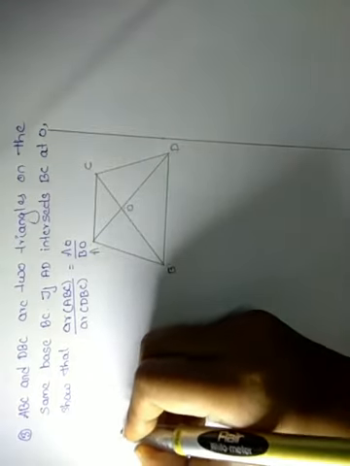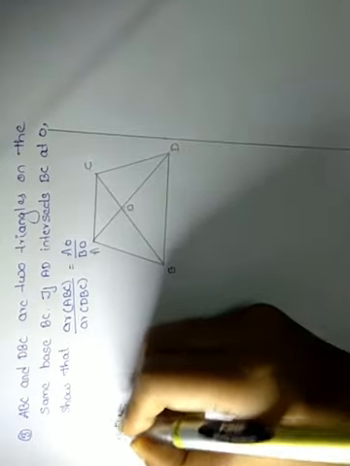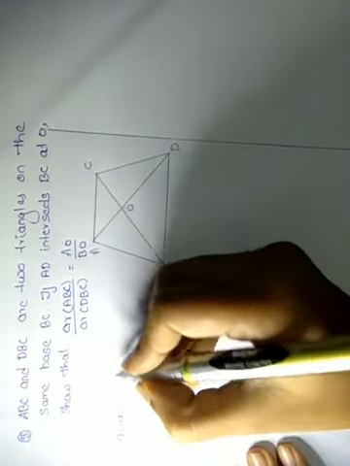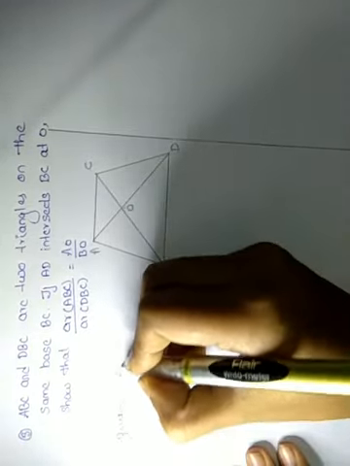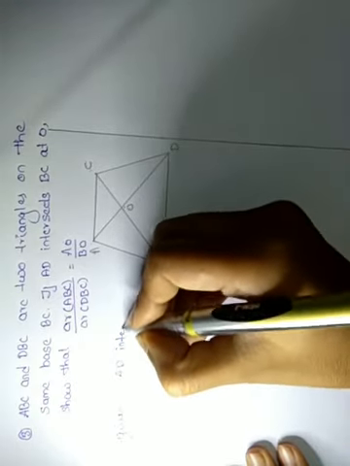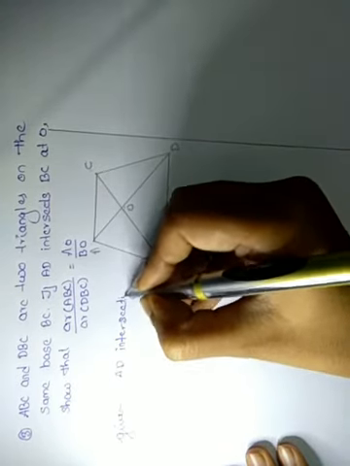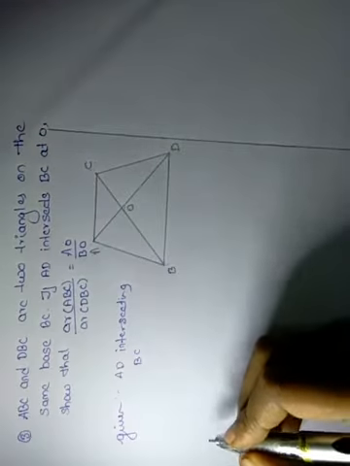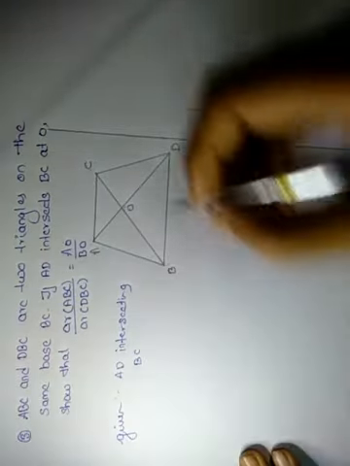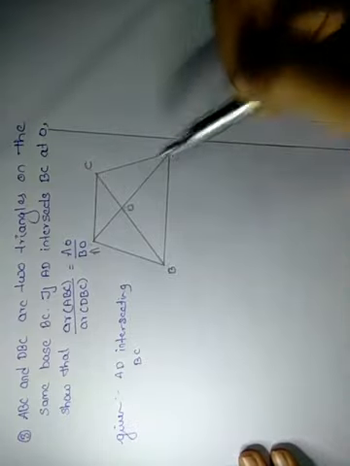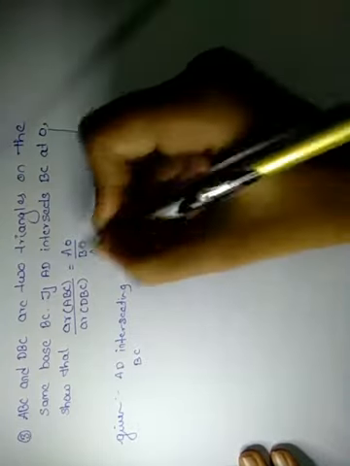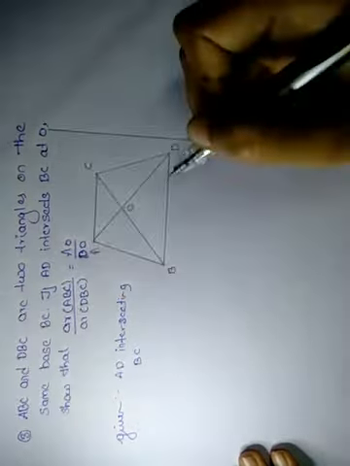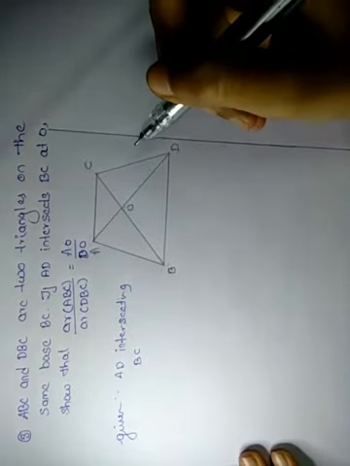Given: AD intersecting BC at O. To show that AO divided by DO, we need to do a construction here.